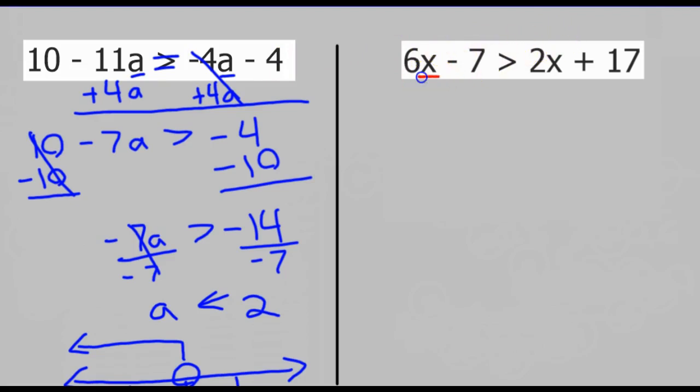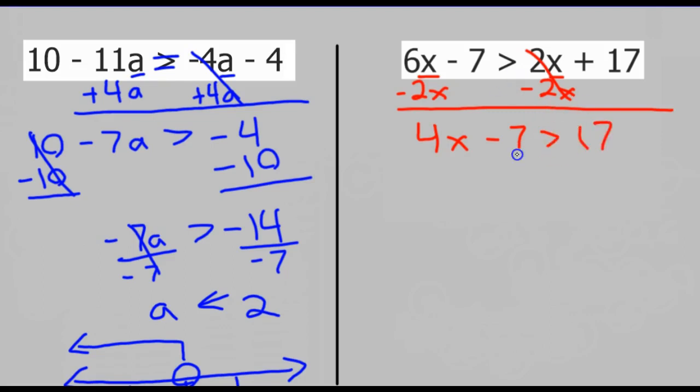Alright, now again we have two variables, so we've got to move one over. I'm trying to get all my variables on the left side, so I'm going to move the 2x by subtracting it. 6x minus 2x gives me 4x minus 7 is greater than 17.